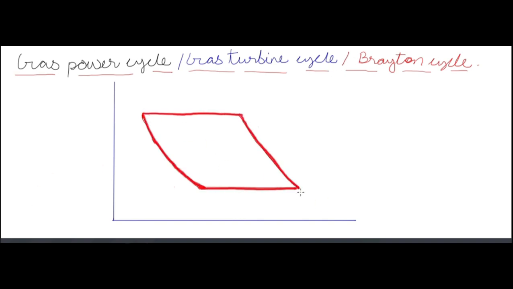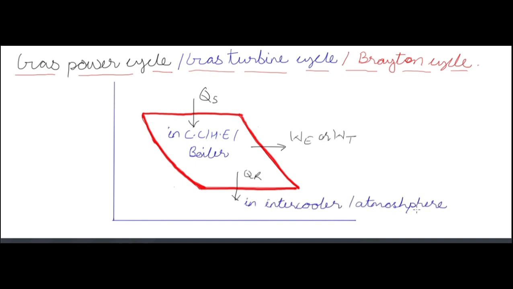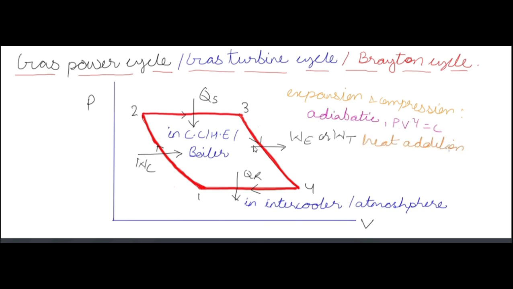In all the topics that we will read in applied thermodynamics, everywhere expansion and compression will be reversible adiabatic, and heat addition and heat rejection will be at constant pressure. So here also we have heat addition and heat rejection at constant pressure, and expansion and compression as reversible adiabatic.